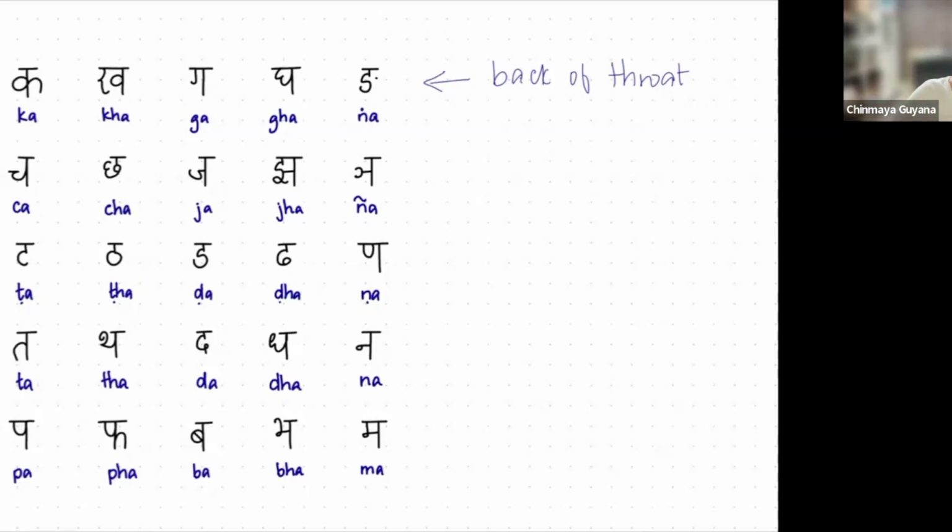This is what this is. So I don't know how to describe it. Tongue by teeth, by back teeth. Okay. Now say ta, ta, da, da, na.